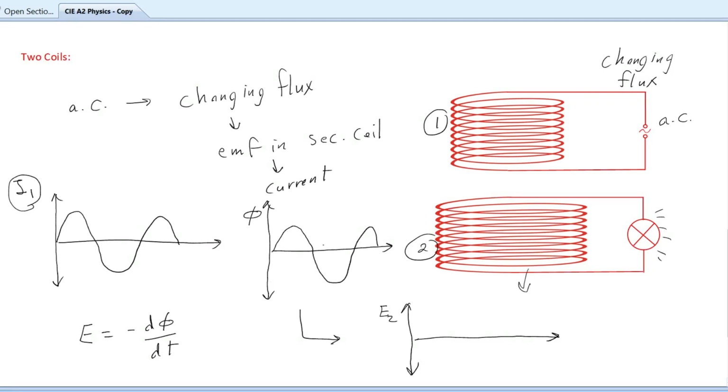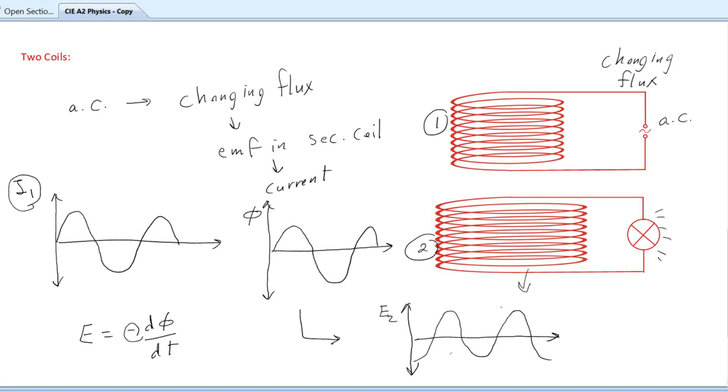The differentiation of a sine function is a cosine function. But you have a negative sign here, so you will find that it will be a negative cosine curve. So that's how you induce an EMF with two coils.